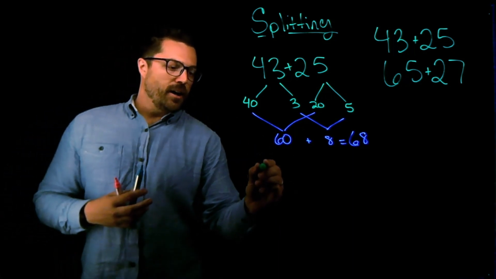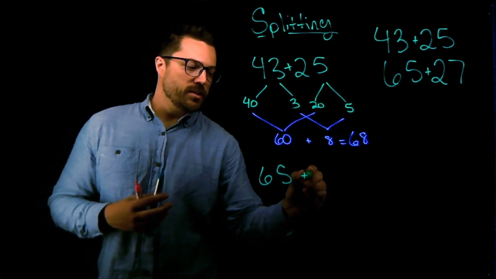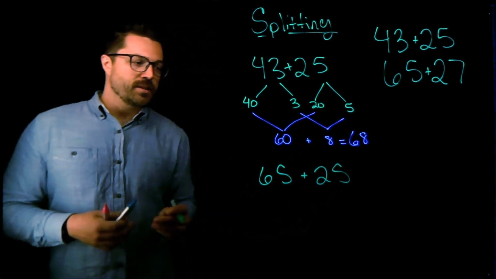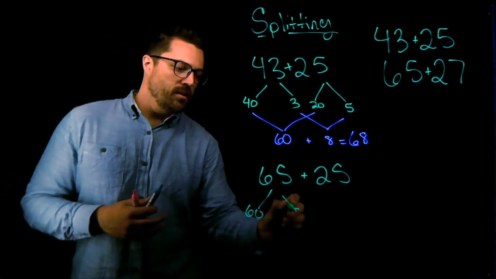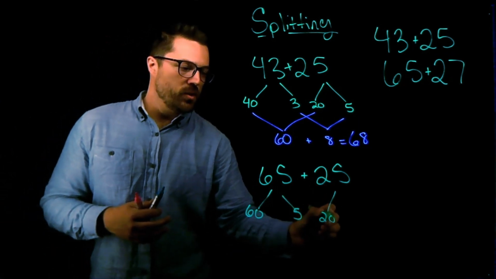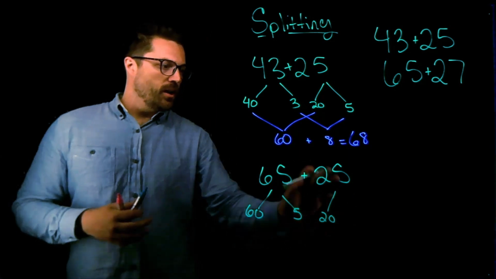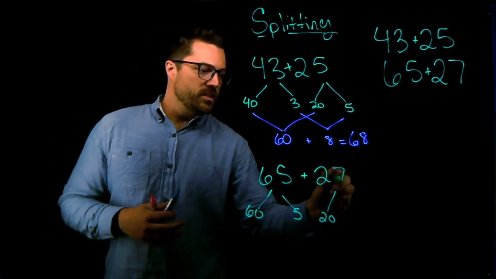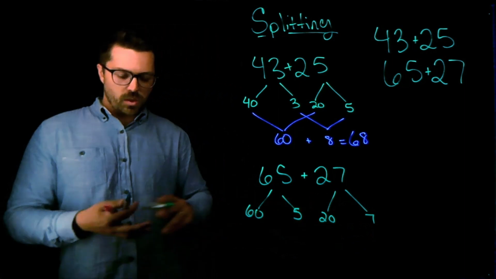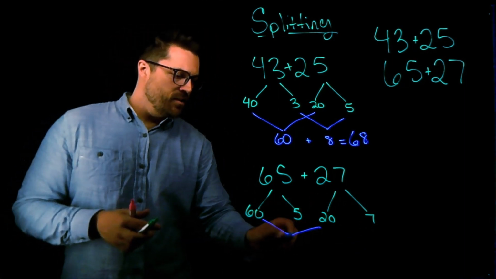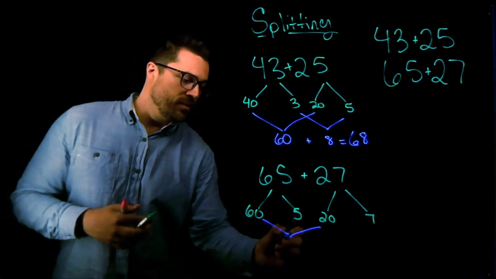So 65 plus 27, we'll start the same way. We'll split them: 60 and 5, 20 and 7. We'll combine our tens, 60 and 20 gives us 80.